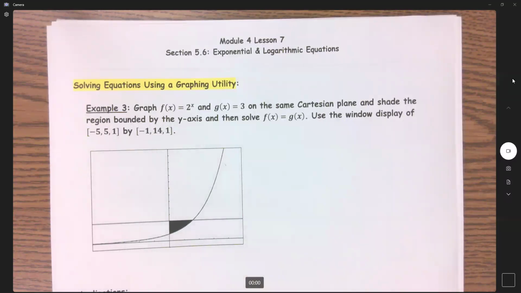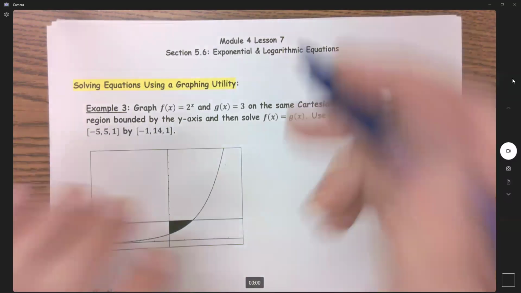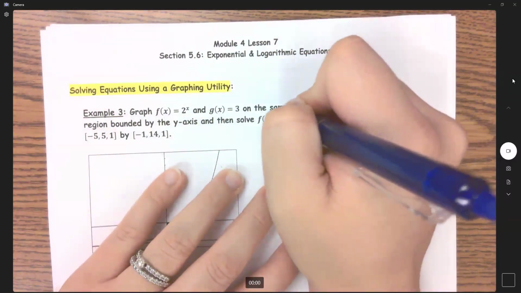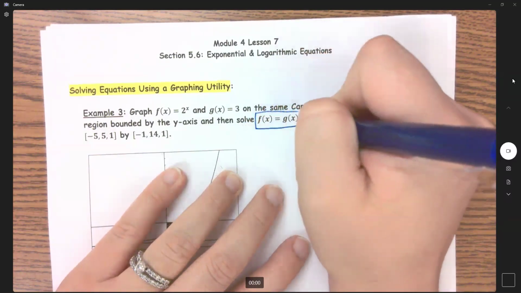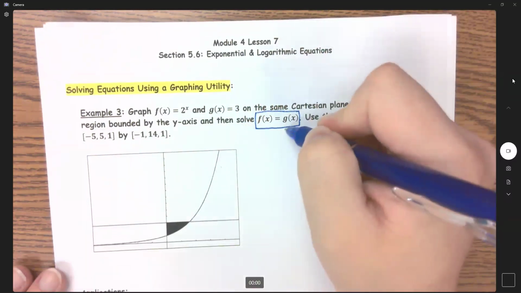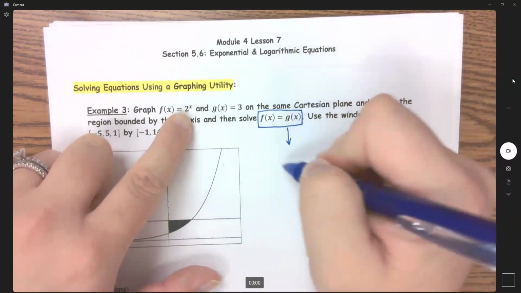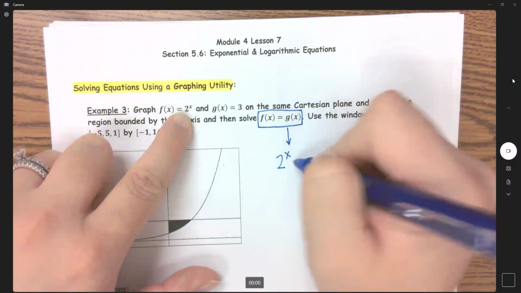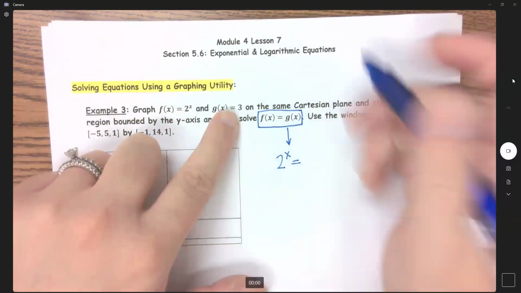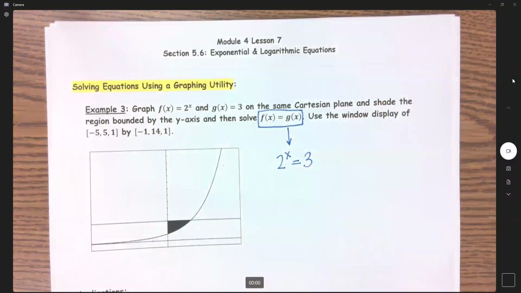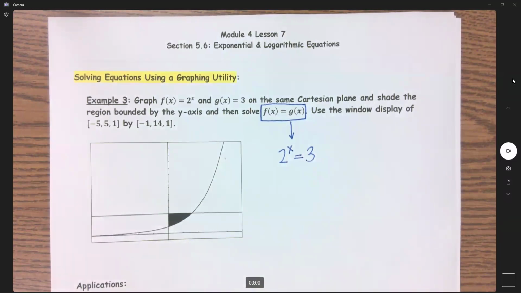Doing this by hand is not hard at all. If I need to solve when f of x equals g of x, well, what is my f of x? My f of x is 2 to the x. My g of x is 3. Last video, we went over solving exponential equations. First thing, isolate.